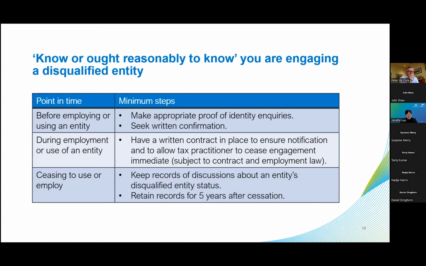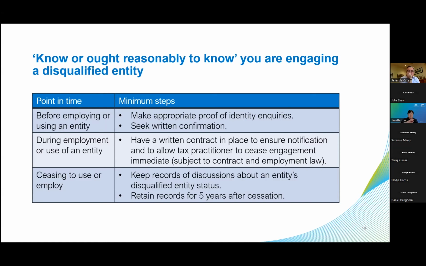And we've got guidance on our website around what those checks might look like. It's also important for you to seek written confirmation from that entity that they aren't a disqualified entity, and one of those events that we spoke about earlier hasn't occurred in relation to them. So there are minimum steps you've got to take before you engage someone.